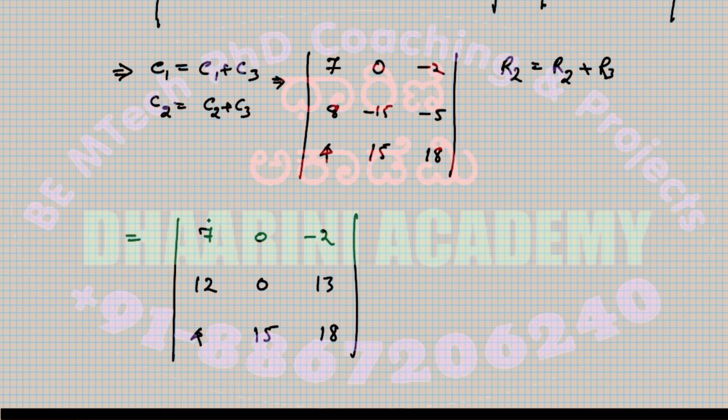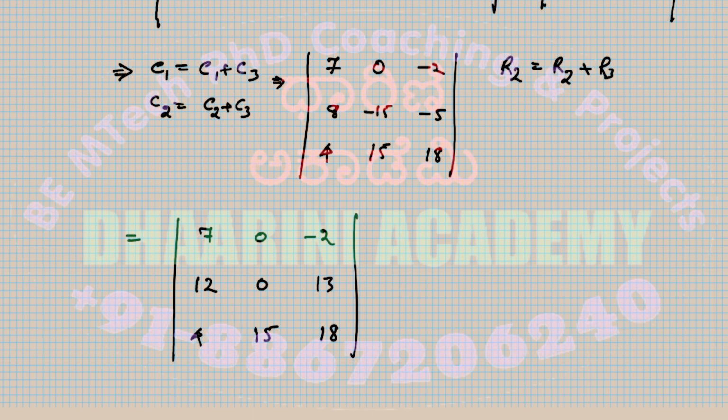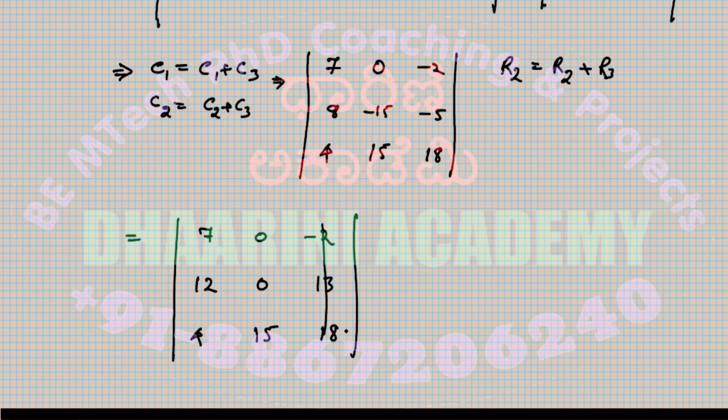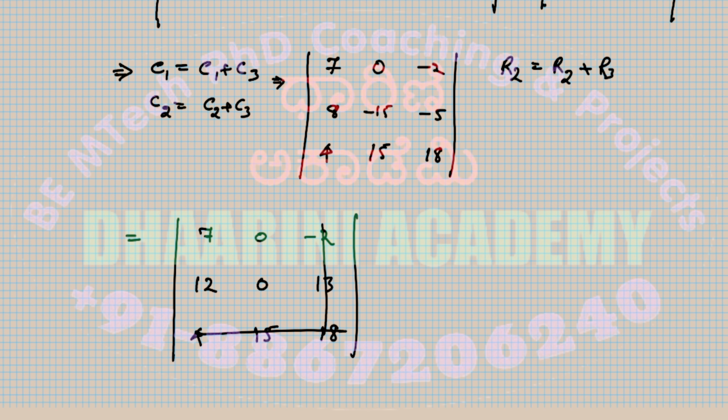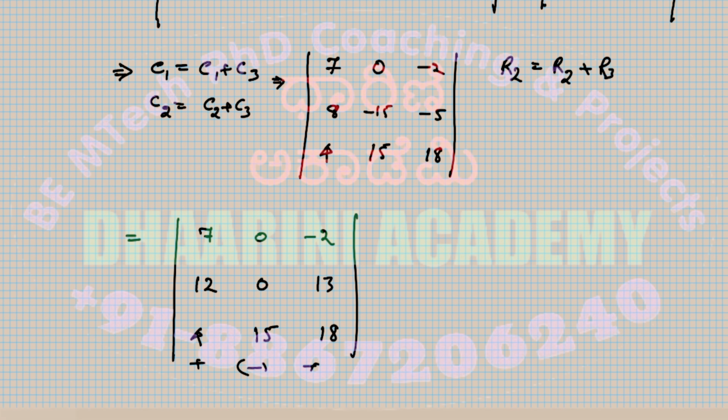When I take the 0 entry, 0 into something is also 0, and with respect to the other 0 entry, it's also 0. So I don't have to solve two of the determinants, only one of them, that is only the 15. If you take this, this is positive, this is negative, this is positive, like we do when we expand the determinant with respect to the first term.